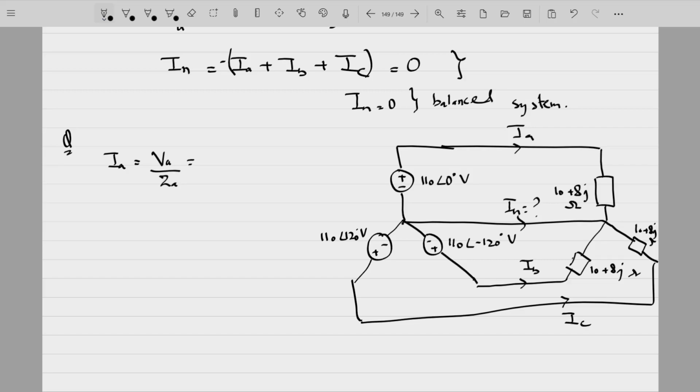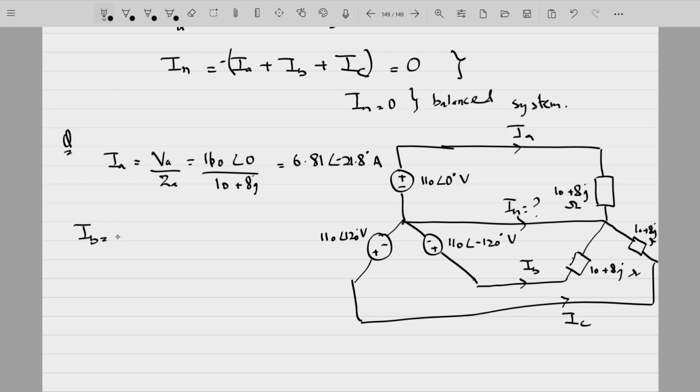In this particular case, it is 110 angle 0 divided by 10 plus 8J. So this is equal to 6.81 angle minus 21.8 degree amperes.